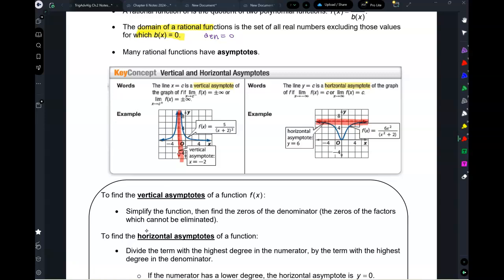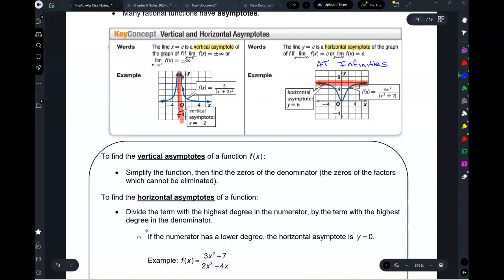Now, horizontal asymptotes are different from a vertical asymptote in this way. The way a horizontal asymptote is defined is it only takes effect at the infinities. Okay? Which means, even though this graph doesn't show that, you can potentially have a graph like this, where there is a horizontal asymptote here.